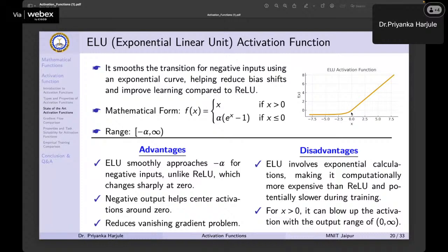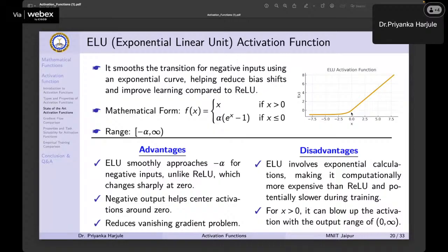Okay, the disadvantage is that it is slower to compute than ReLU, because it uses an exponential for negative x values. It may explode if not normalized, because a large x value means a large output. So these are some kind of problems.